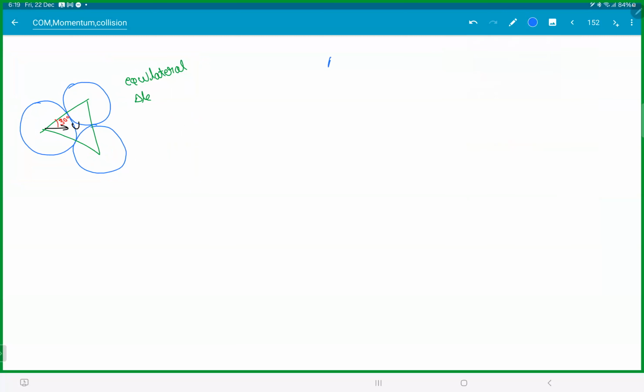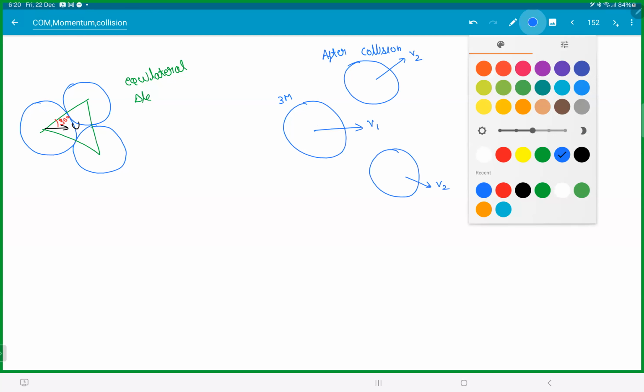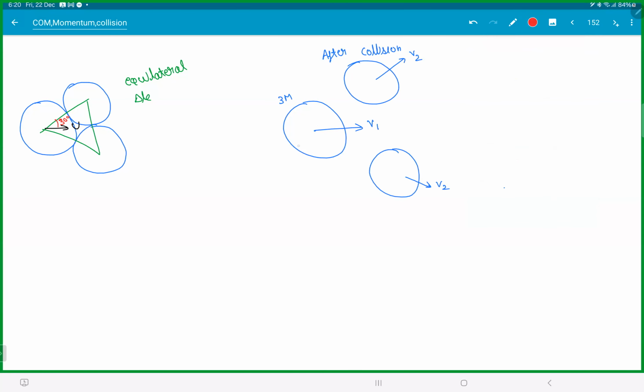Now just after collision, the 3m is going with v1. This guy is going with v2, and this guy is going with v2. How do I know they're going that way? Since the force is along the common normal, the velocity has to be along the common normal.